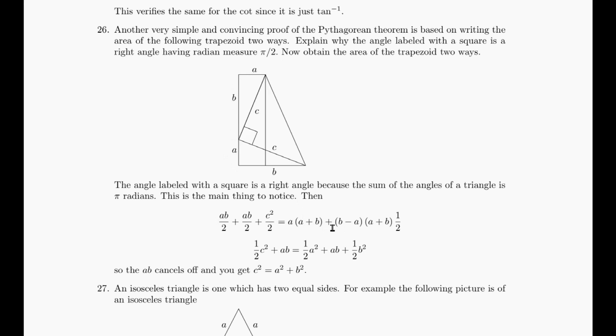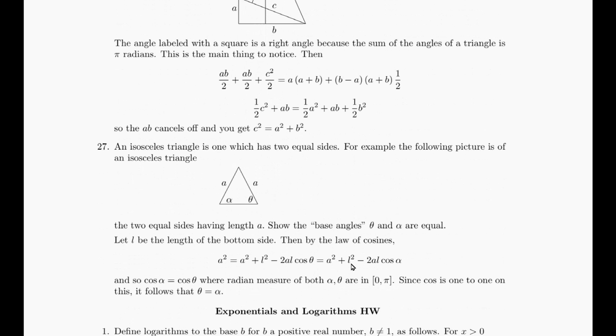And then plus, and then I'd have this triangle here, which would be what? B minus A, that's the length from here to here, times A plus B, and divide it by 2. Now, if you multiply all this out, on the left you get 1/2 C squared plus AB. On the right you have 1/2 A squared plus 1/2 B squared plus AB. Subtract the AB from both sides and multiply by 2, and there you have the Pythagorean theorem.